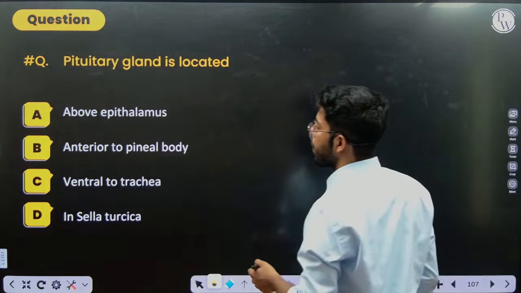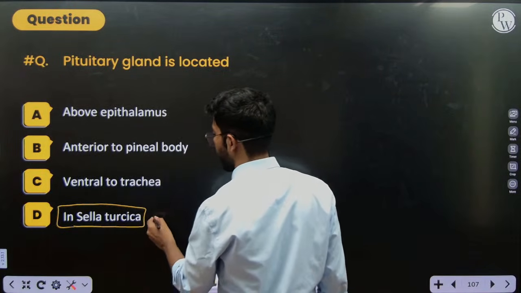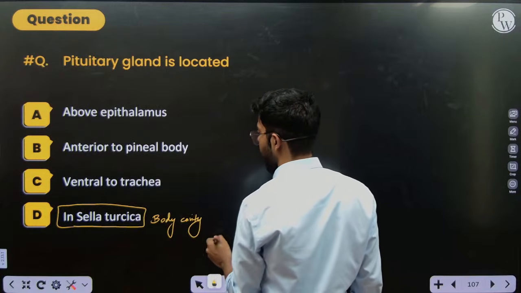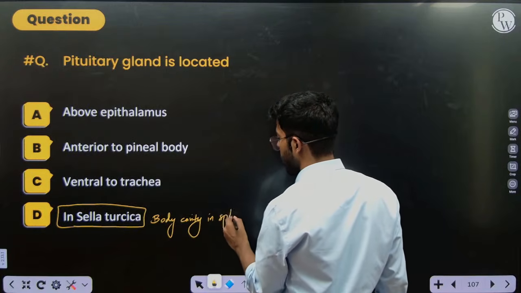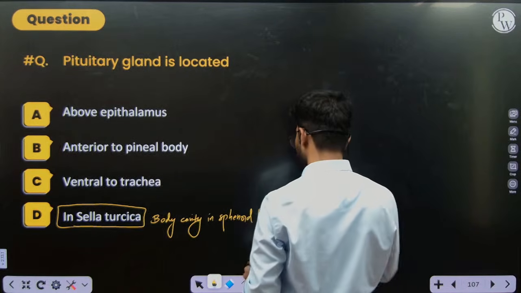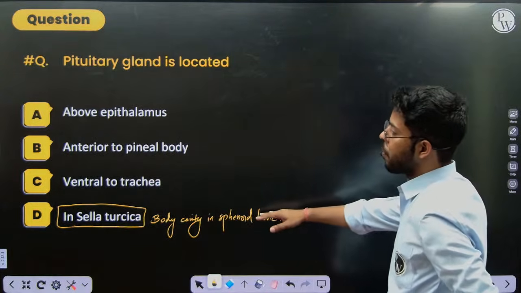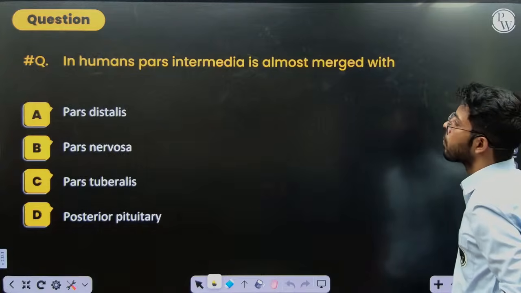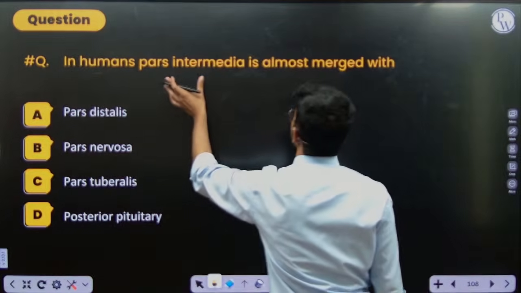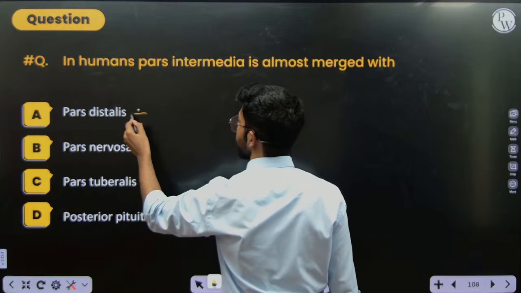The pituitary gland is located in the sella turcica, a bony cavity in the sphenoid bone, a butterfly shaped, H shaped bone. Pars intermedia, that is the middle lobe, is almost merged with the anterior lobe of the pituitary, that is pars distalis.